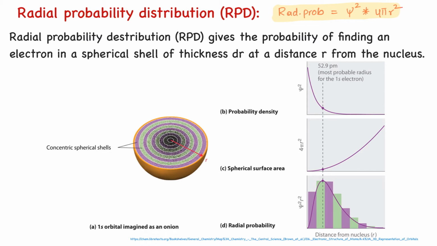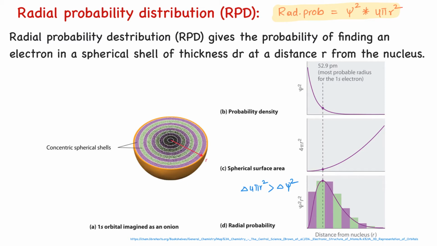At the beginning, the net increase in the surface area from one shell to the next is much greater than that of the decrease in the probability density from one shell to the next. Therefore, the radial probability increases.